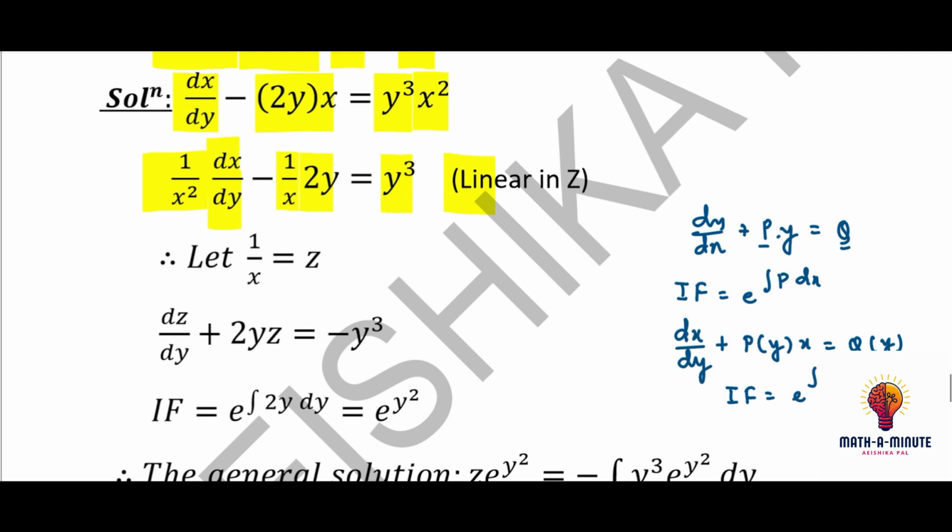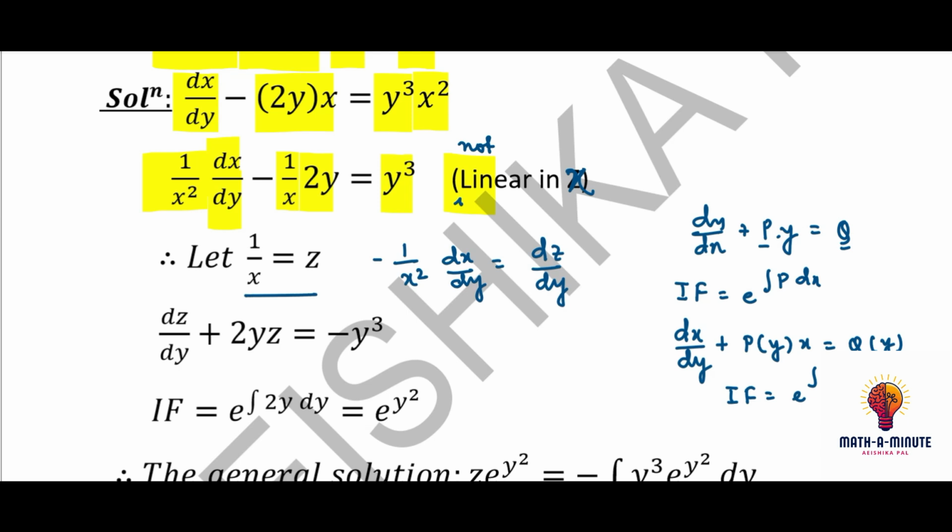For that, we consider 1/x = z. If we differentiate this equation on both sides, it will be -1/x^2 dx/dy = dz/dy, because we are differentiating with respect to y.